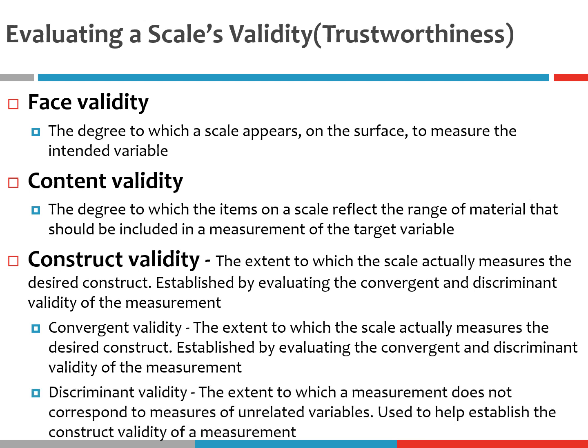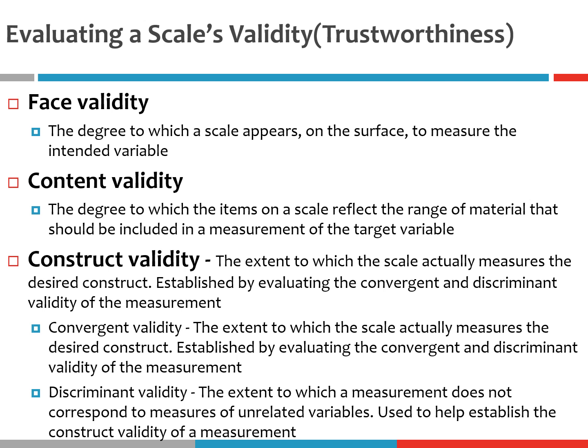You also want discriminant validity. That means that your scale should not correlate with a scale of something else. For example, going back to anxiety, you developed the anxiety scale. You found convergent validity with another anxiety scale, like the Beck Anxiety Inventory. That was good. Now let's compare it with the Beck Depression Inventory.